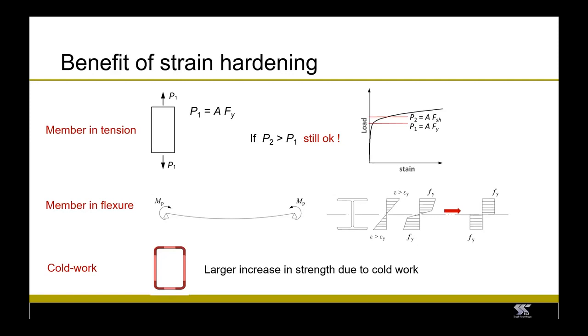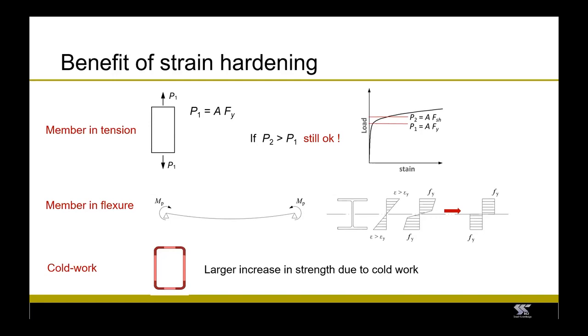Now, you have to be aware that in order to take advantage of this strength hardening, the material will have to strain significantly more than if it was working at stresses that are below the yield stress. But if deformations are not an issue for you, you might want to take advantage of this additional strength.